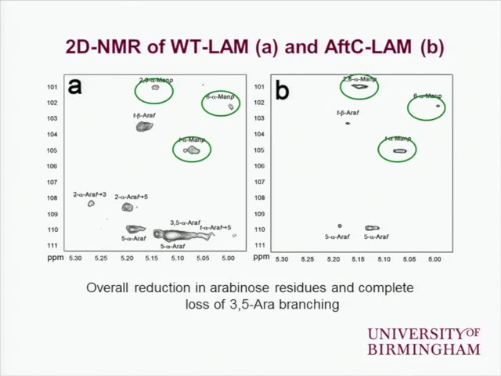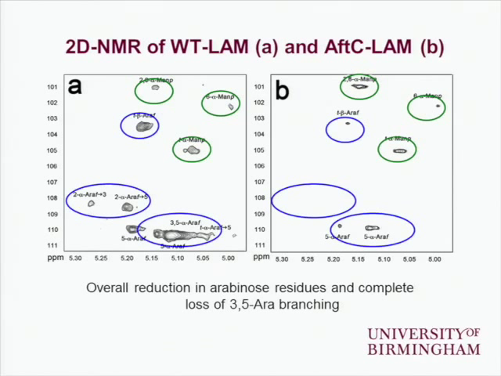What's key is that in the mutant we have the same backbone residues for the mannan segment. But what's highlighted is that we only have alpha-1,5 linked arabinan. We don't have any of the other residues which we associated with the branching or the termination of arabinan synthesis.